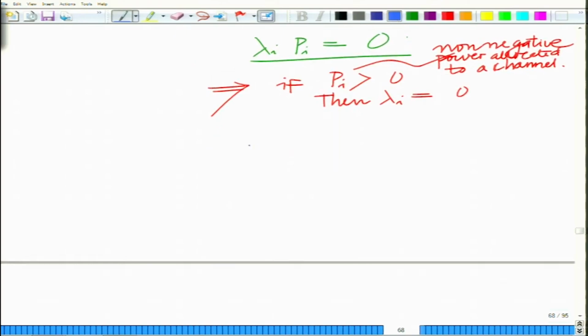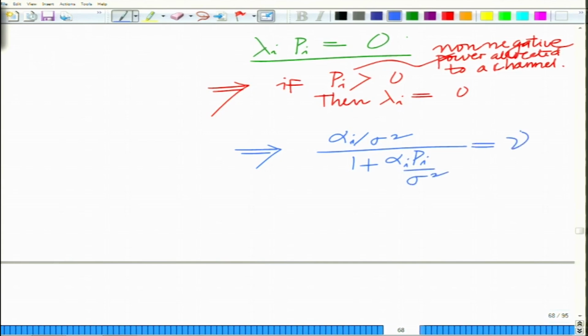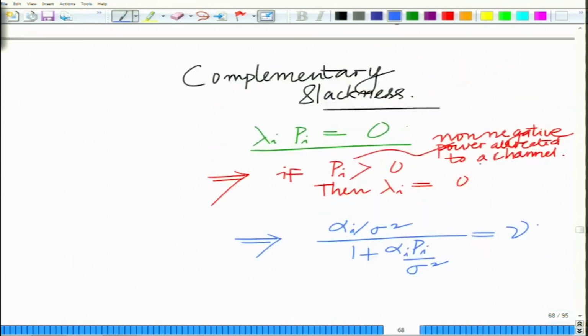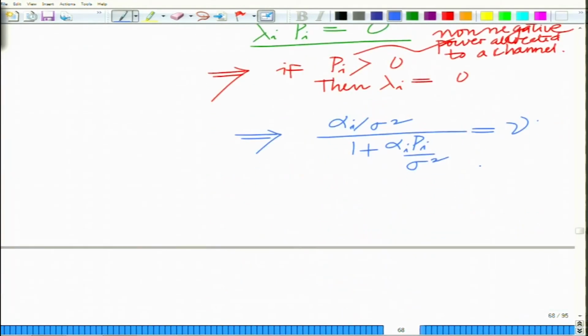So this implies that alpha_i divided by sigma square by 1 plus alpha_i P_i by sigma square equals nu, because you simply set lambda_i in the above equal to 0.